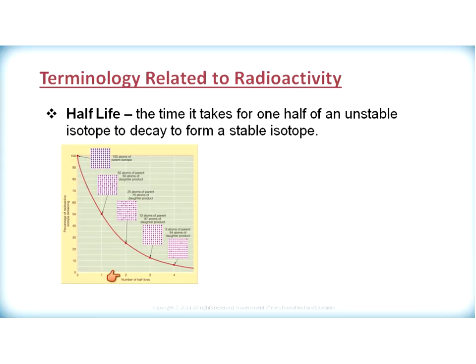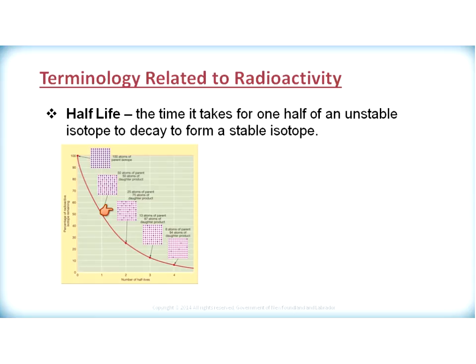After a second half-life, half of the 50% of the radioactive material remaining will decay. Now we have only 25% of the radioactive isotope remaining, and we have 75% of the stable daughter product remaining.